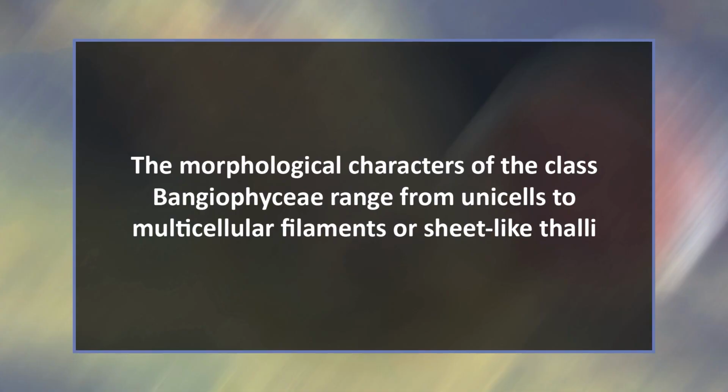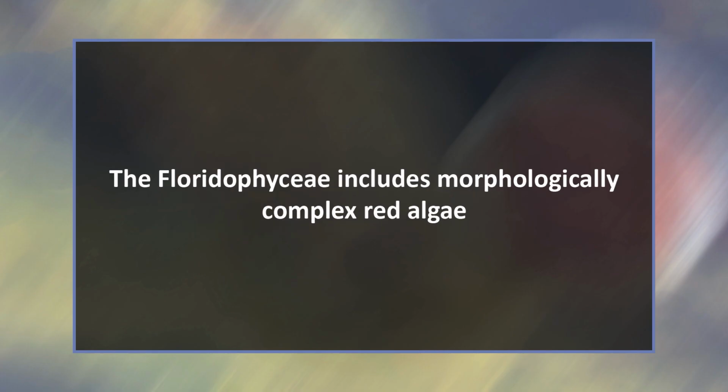The red algae mostly consist of seaweeds but also include the genera of free-living unicellular microalgae. The morphological characters of the class Bangiophyceae range from unicells to multicellular filaments or sheet-like thalli. The Rhodophyceae include morphologically complex red algae.